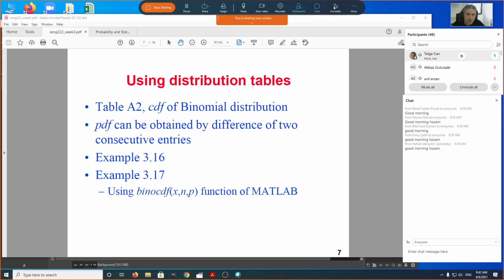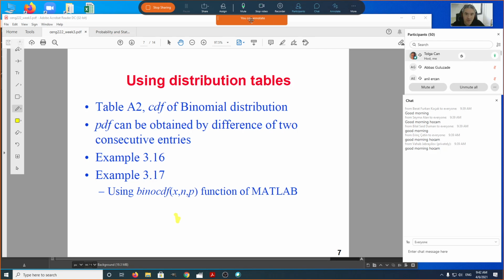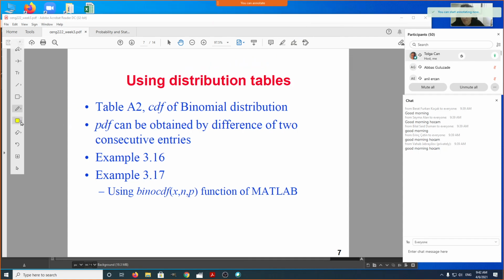This color is random each time, I think. Can I change the color to something else? No, it's yellow. It's really bad. Maybe there's an annotation menu somewhere. Where is it? Yeah, right here, on the left hand side. I can also change the size, I think.